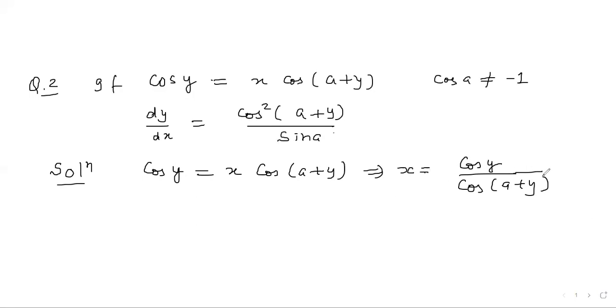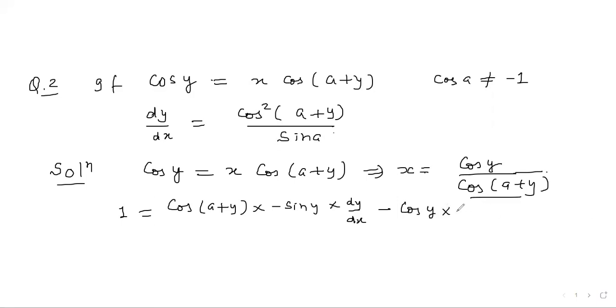In the RHS we apply the quotient rule, so it will become 1 equal to cos(a + y) times differentiation of numerator, minus sin y times dy/dx, minus cos y times differentiation of denominator.